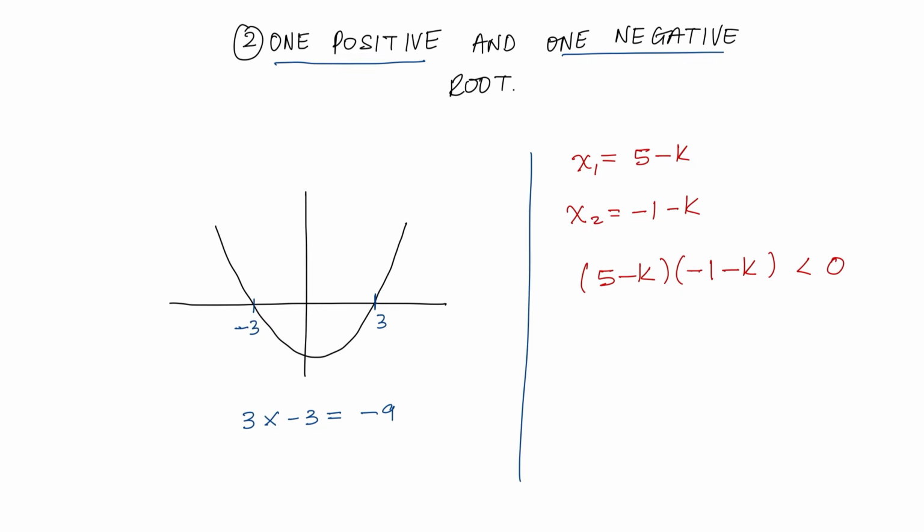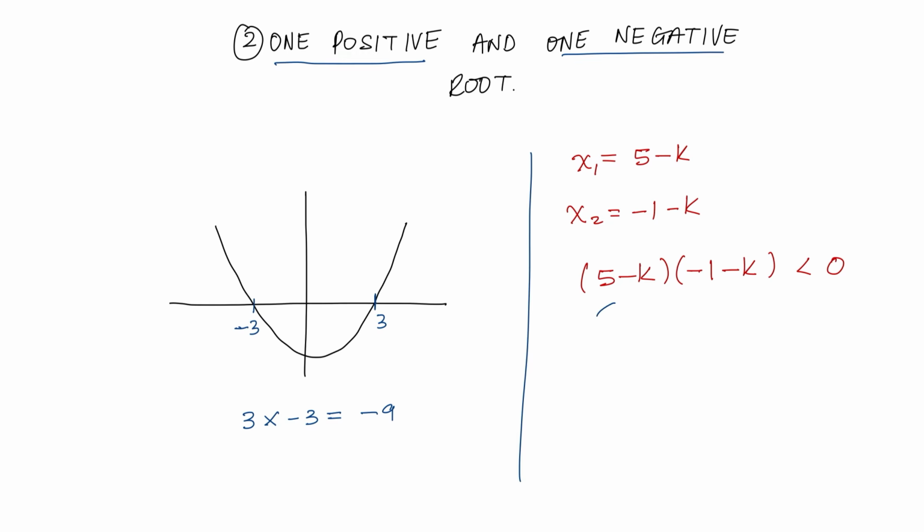The easiest way is simply to test. Substitute a value for k in and then test to see if it's going to give us a positive value or a negative value. But the more traditional way would be to solve for the critical values. Let's solve for the critical values.